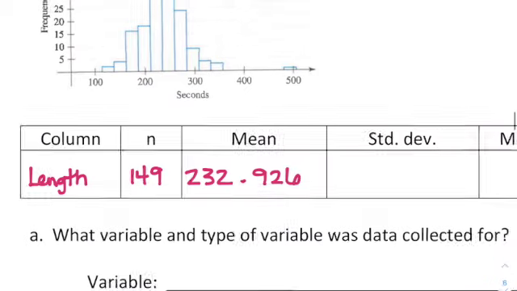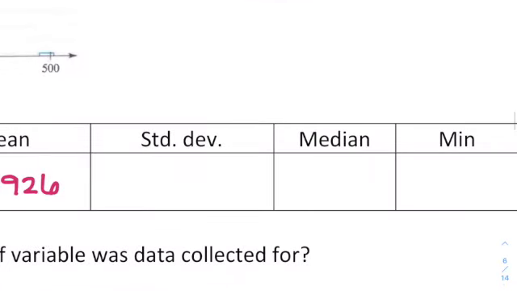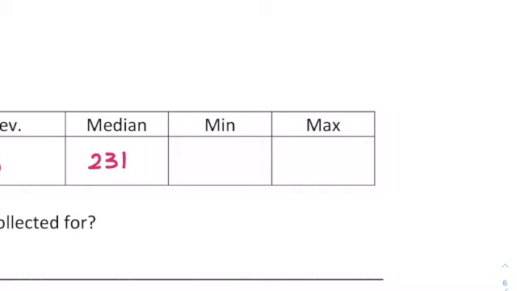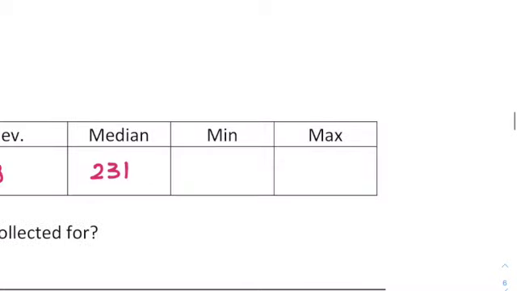And the standard deviation is going to be 49.63. The median is 231. The minimum is 110. The maximum is 449.